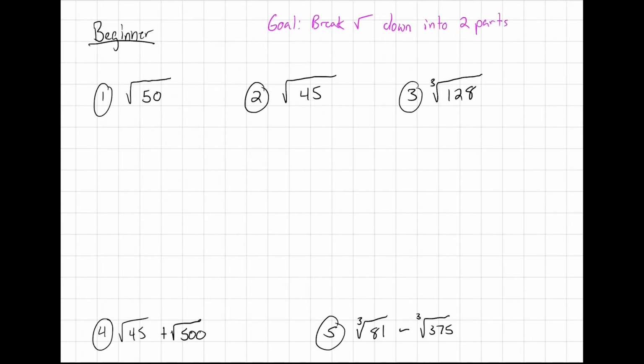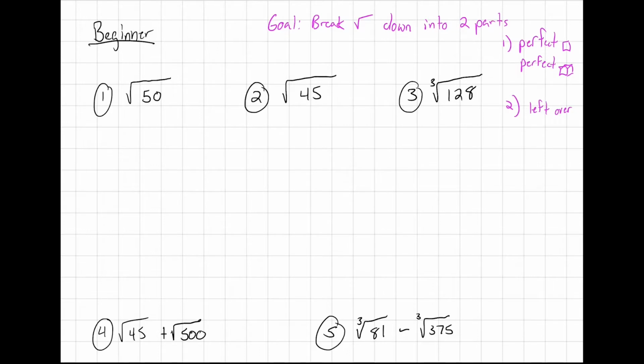The first part should be a perfect square or a perfect cube. The second part should be whatever is left over.